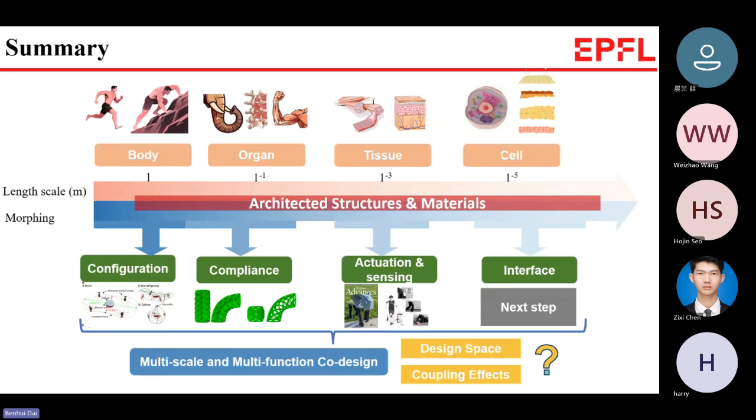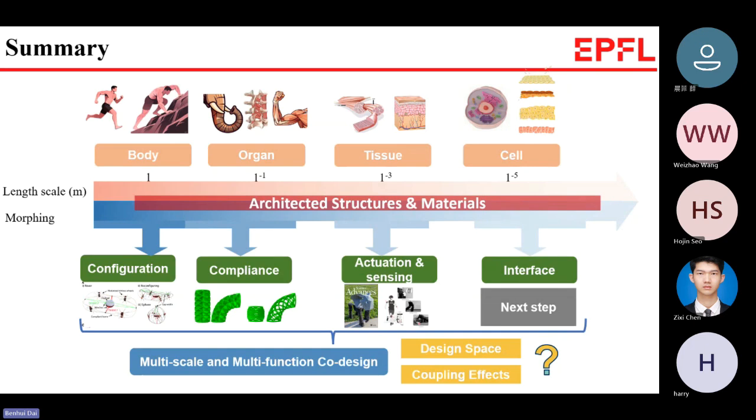Finally, utilizing the architected structures and the materials, we have realized the integration of morphing intelligence from whole body to tissue level. The next step will be the cell level, to regulate the interface property that has a significant influence on contact during grasping, manipulation, and interaction.